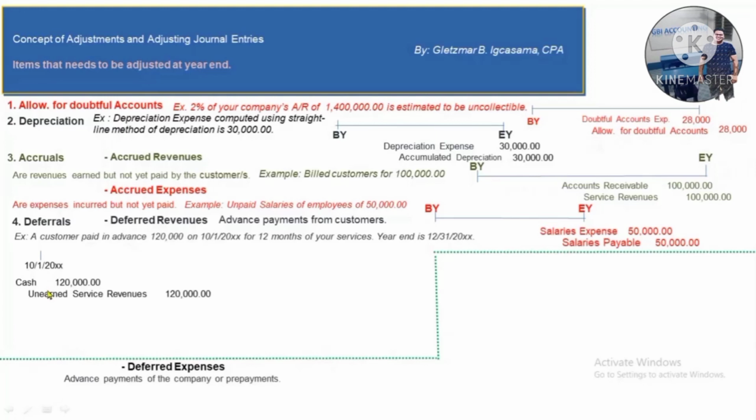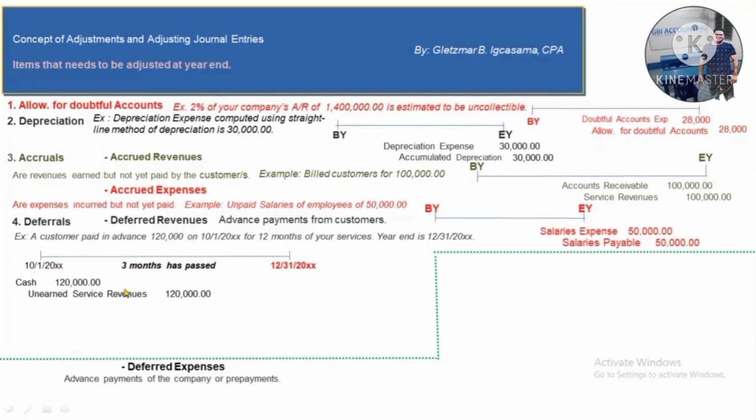But before we talk about the adjusting entry, we need to know the time between the advance payment and the year end. And in this example, we have 3 months that has passed. That means on the advance payment of 12 months, 3 months has already been earned. And if we convert it in money, that's 30,000, which is 10,000 per month times 3 months.